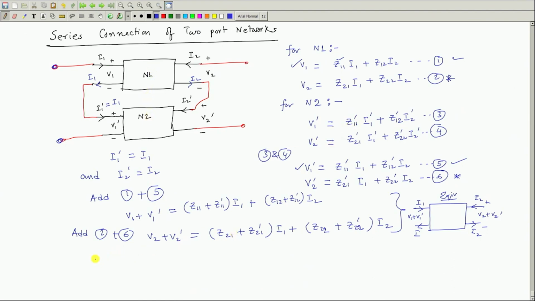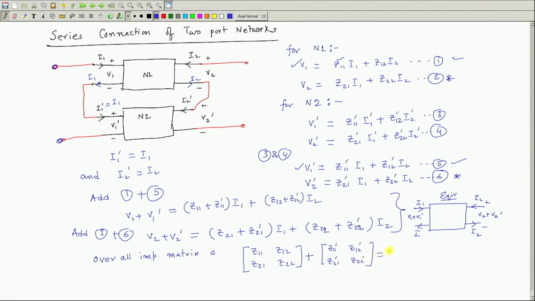That is, the overall impedance matrix is nothing but Z 11 Z 12, Z 21 Z 22 plus Z 11 dashed, Z 12 dashed, Z 21 dashed, Z 22 dashed.